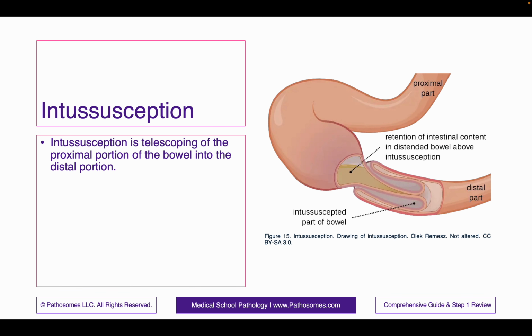Now let's get into another very important topic called intussusception, okay? What is intussusception? Well, you remember this. Intussusception is telescoping of the proximal portion of the bowel into the distal portion. This cartoon does a great job detailing the process of intussusception, right?